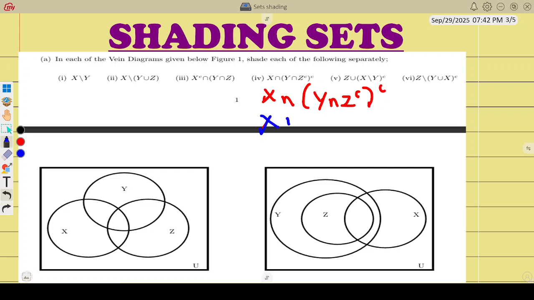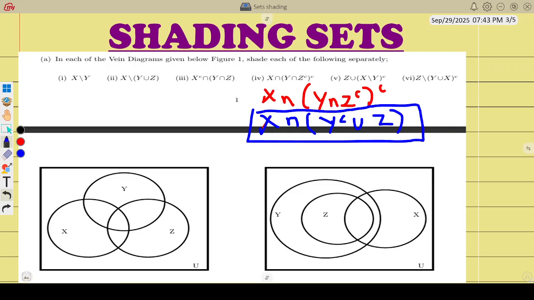So here you have x intersection. So you know the complement, this one, it can multiply. So we're going to have y complement union, complement times intersection is union, z there. So complement and complement, it cancels. So then what you need to do is to shade this. So this is the first kind of simplifying that you can do.